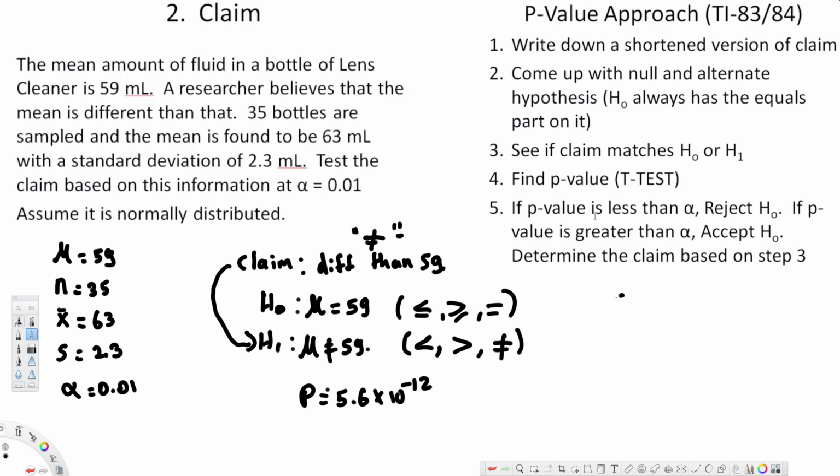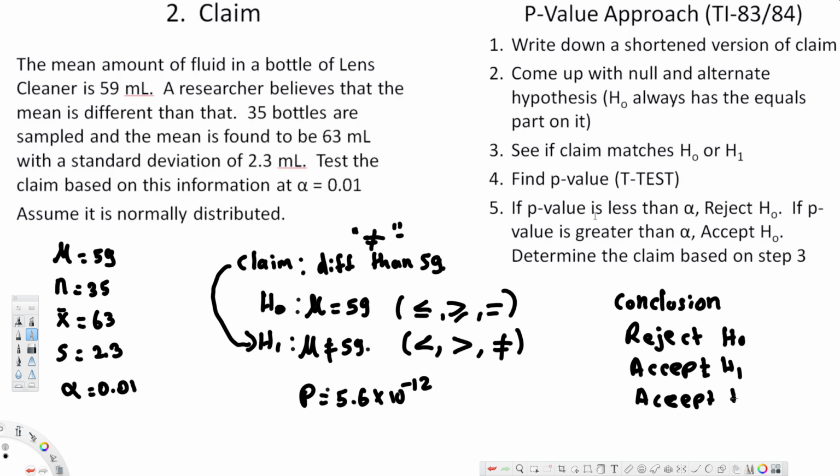Our conclusion is: we reject H naught, and if we reject H0, we have to accept H1. The claim goes under H1, so if the claim is H1, we are going to accept the claim because we are accepting H1. Therefore we accept the claim, and that's going to be our final conclusion.